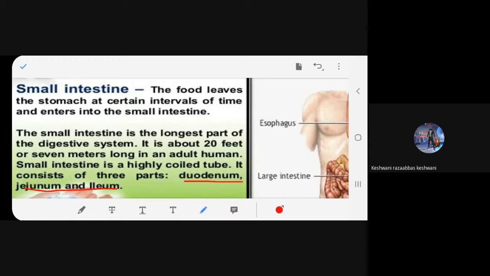This is extra, so you don't have to learn all these things. We'll only learn that the small intestine is the longest part of the digestive system. That you should understand. What is the length? 20 feet, that means 7 meters long. Can you imagine how long it is? Highly coiled. That's all you should remember.